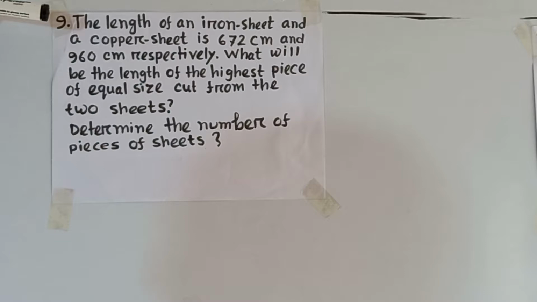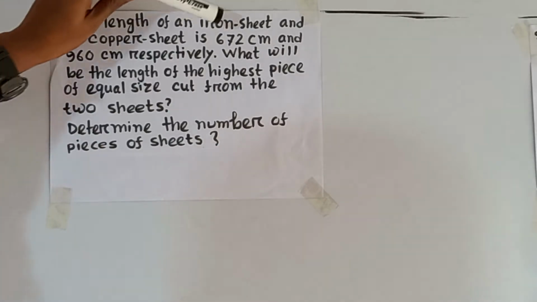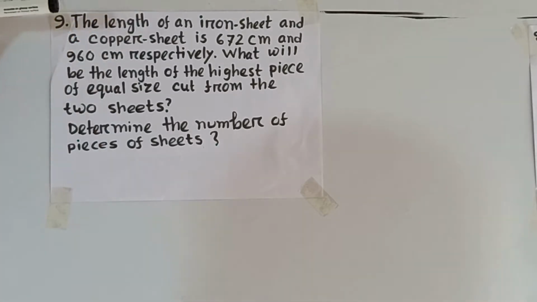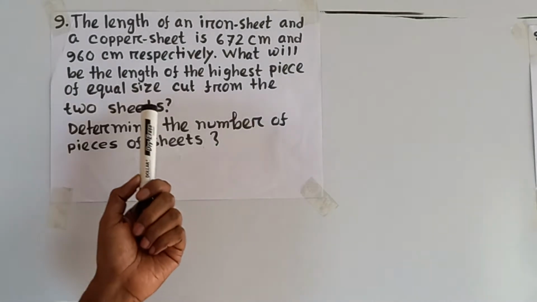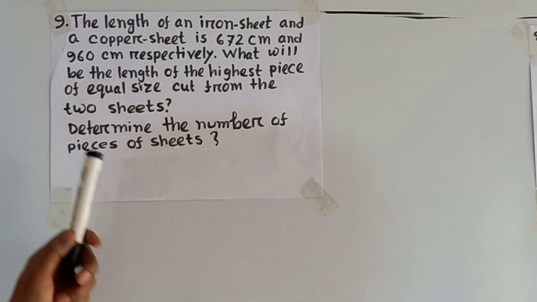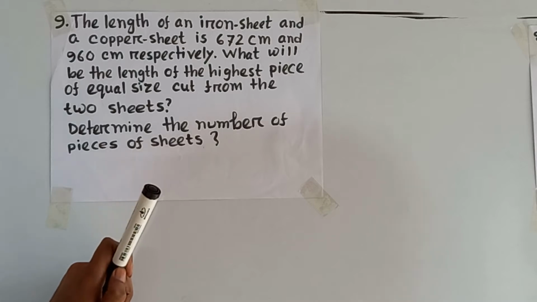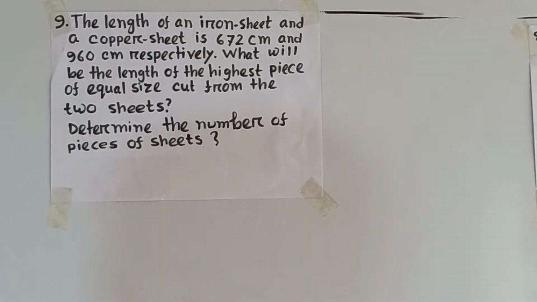That means the length of the iron sheet is 672 cm and the length of the copper sheet is 960 cm. The second step is to determine the number of pieces of sheets, that means how many iron sheets and how many copper sheets.